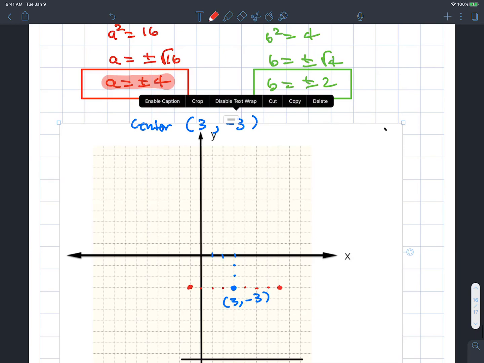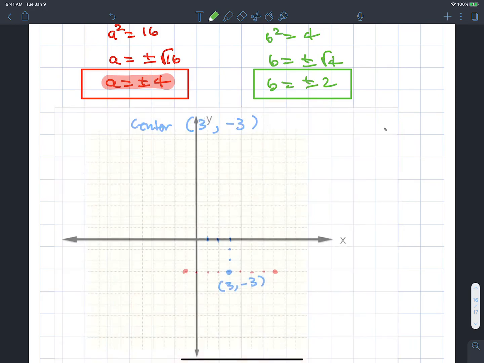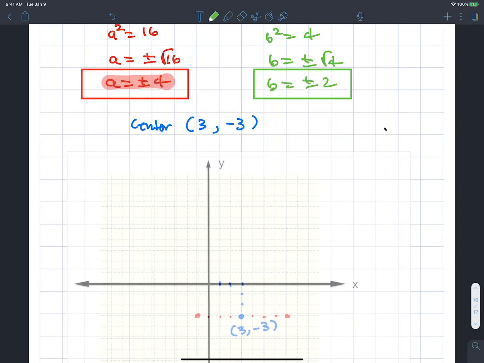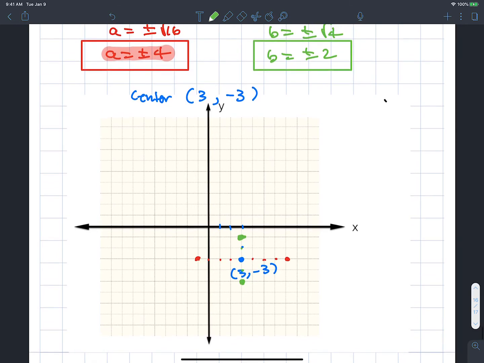When it's off-center, it changes the language there. Your b values are plus or minus 2, so I'm going to go up and down 2. You say, from where? You do it from the new center. So you go up 1, 2, and then you go down 1, 2. We already found them here in green. You go up 2, you go down 2.